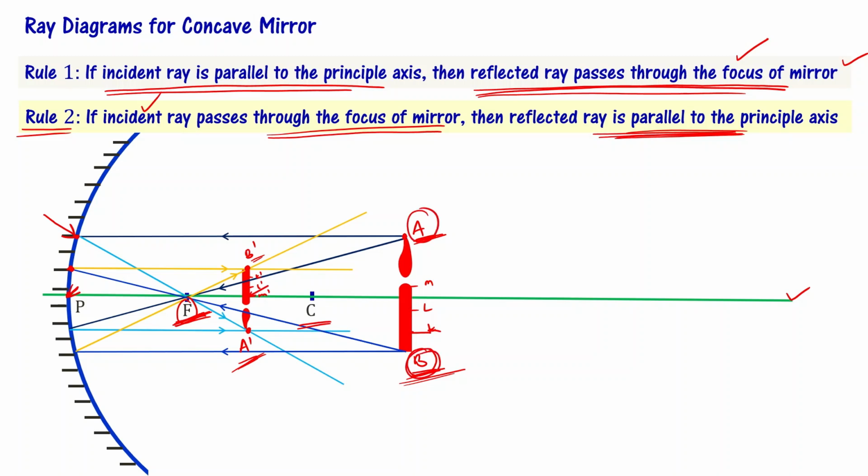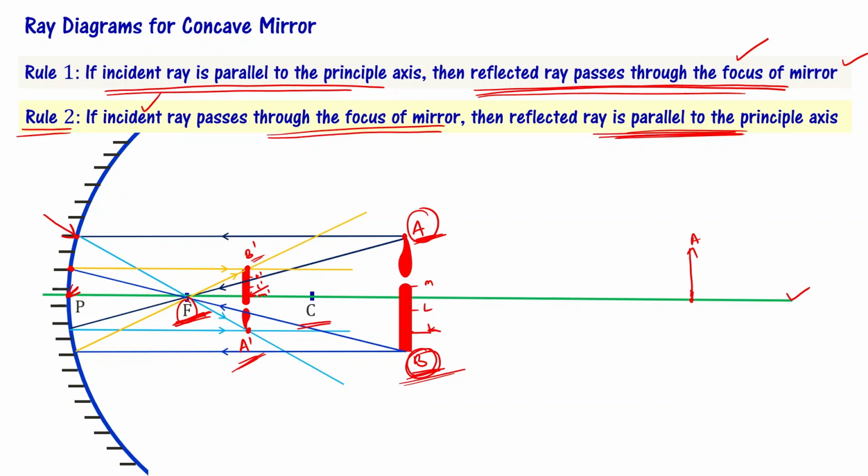When my object is like this, with only A, I have to find out the position of the image for point A. Then B is automatically going to be on the principal axis, in line with A prime's position.